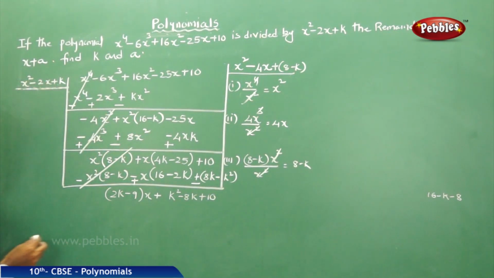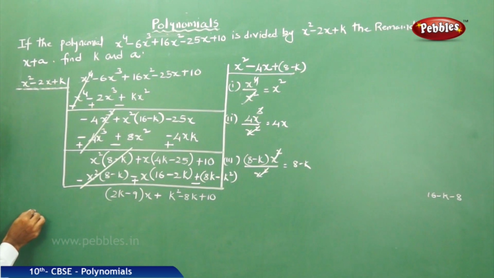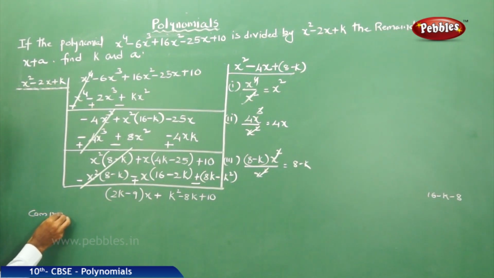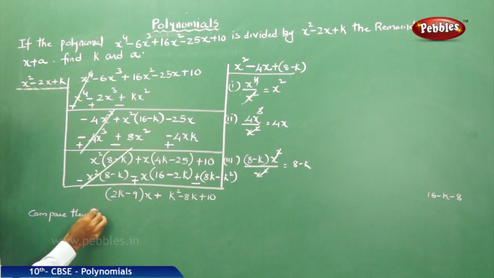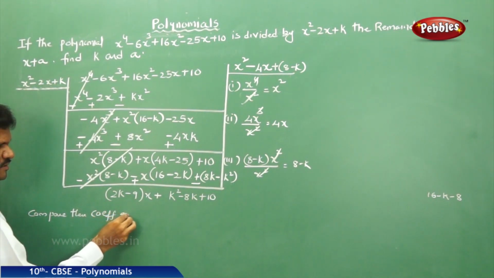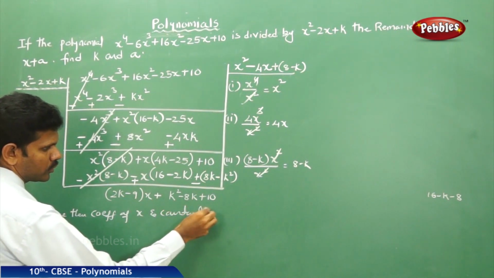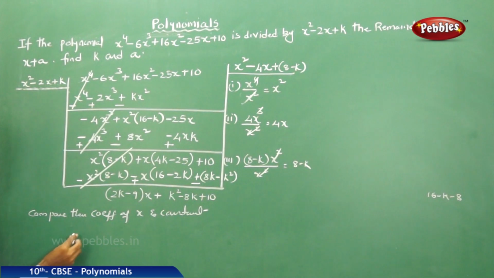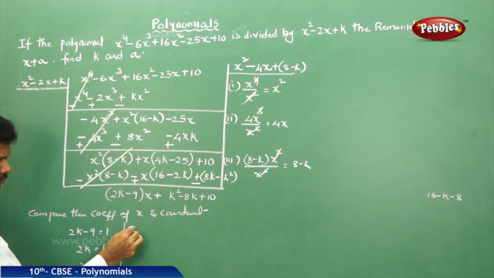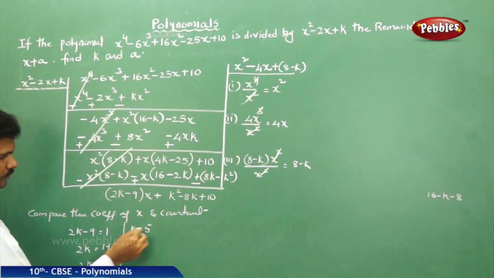Now compare the coefficients of x and the constant. That is 2k minus 9 is equal to 1, 2k is equal to 1 plus 9, 2k is equal to 10, that is k is equal to 5.